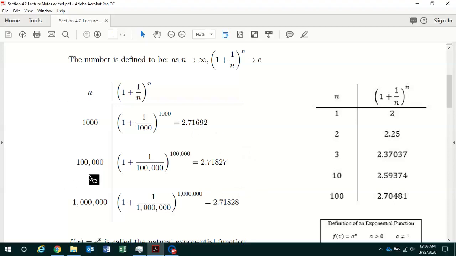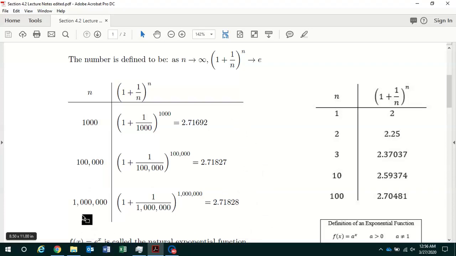Continuing on, the 100,000th number is 2.71827. Now look at these two numbers. There's not much difference between the 1000th number and the 100,000th number; the difference is very small.